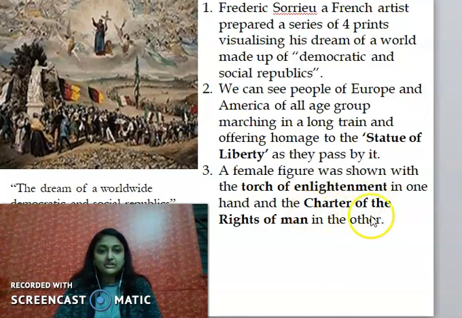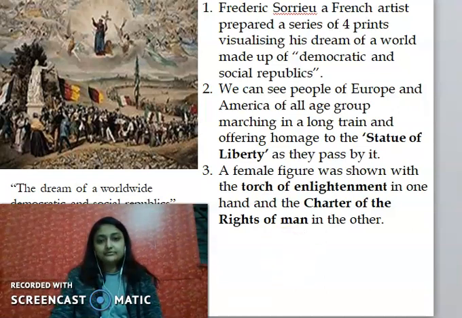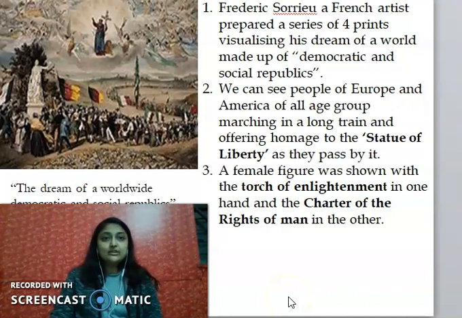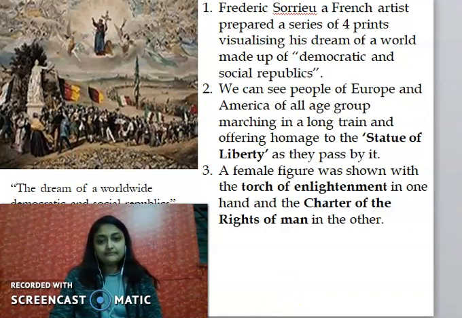And what do you mean by Charter of the Rights of Man? This you have studied in 9th class. Let me again go through that. It is a declaration document which states all the rights the citizens have to get post the end of monarchy.